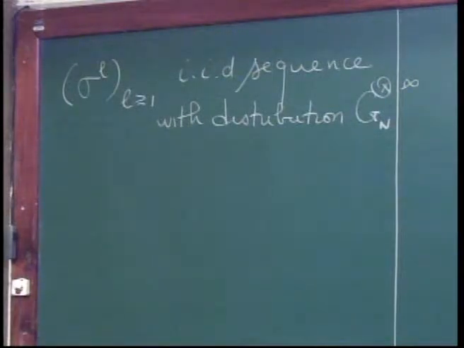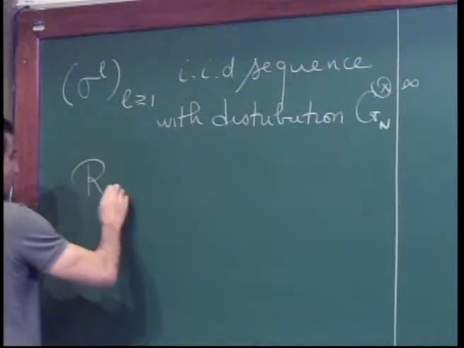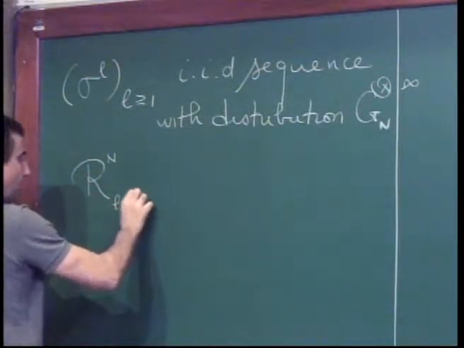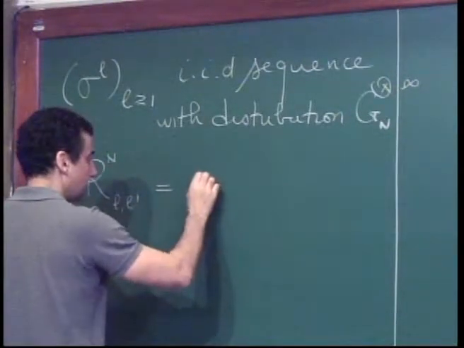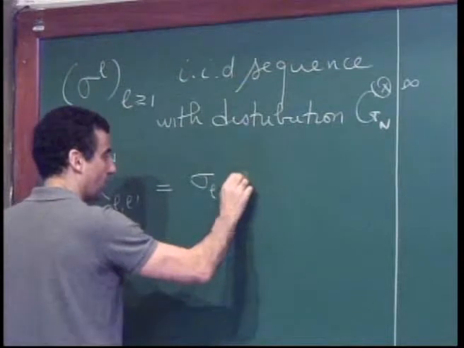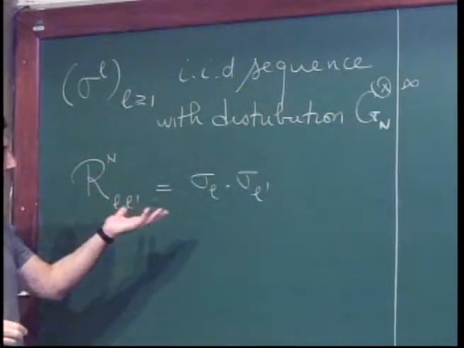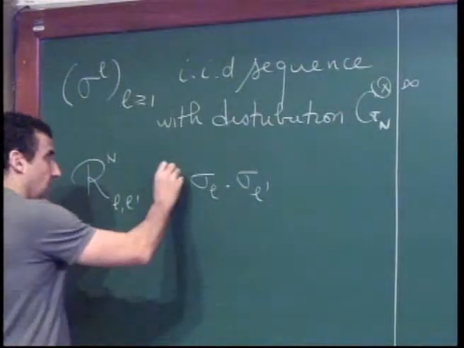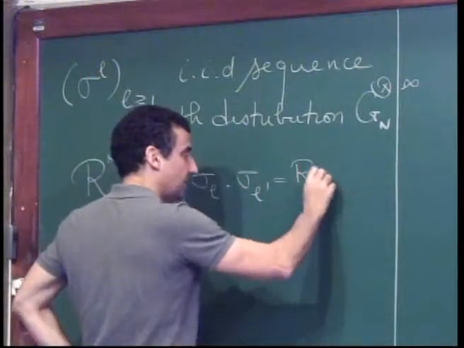All right, and it's infinite. Then you create the infinite array R_n^{l,l'} to be simply sigma^l inner product with sigma^l'. And maybe here we could take 1 over n, because that's a usual convention. So it's, if you want, the overlap, as we defined it, of the two replicas.